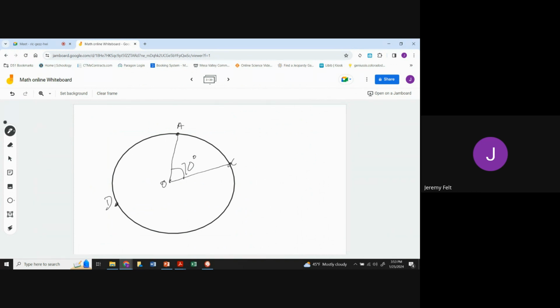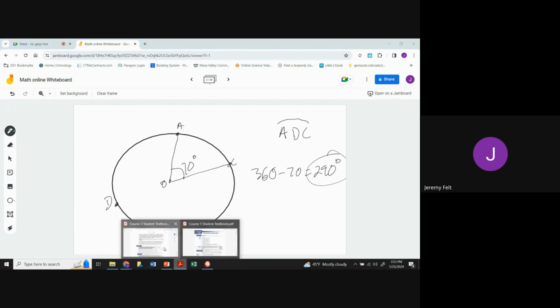So the major arc A, D, C, using D for some reason. A major, so we're going A to D to C, measure of that arc. Well, all the way around is 360 degrees. So from here is going to be 360 minus 70. So that would be 290 degrees. And okay, that's all we're finding for that one.